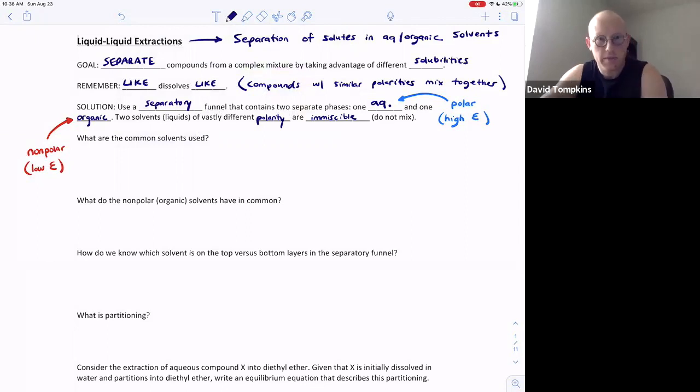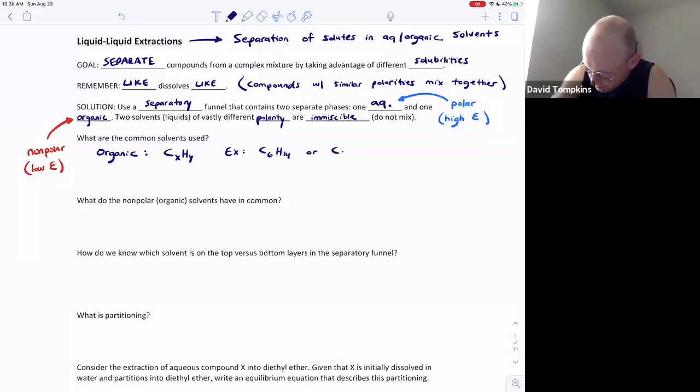So let me go through some examples of various solvents that are used. The common organic solvents are going to take on some molecular formula CxHy, x number of carbons and y number of hydrogens, so hydrocarbons, such as hexane or benzene.